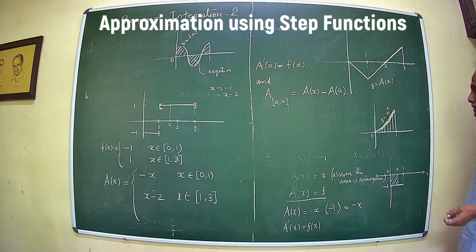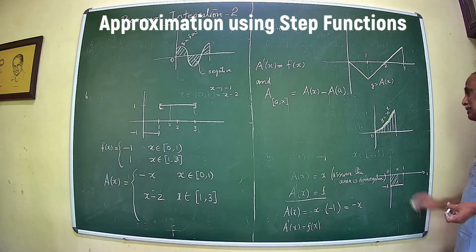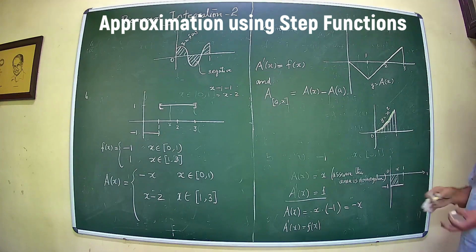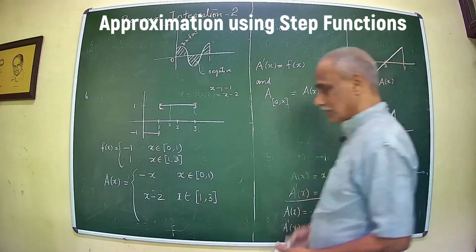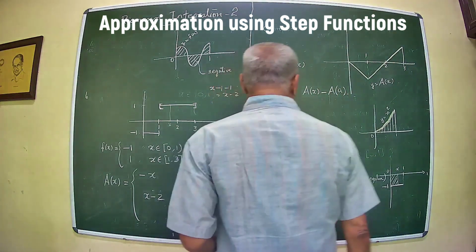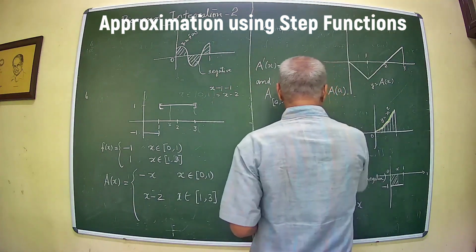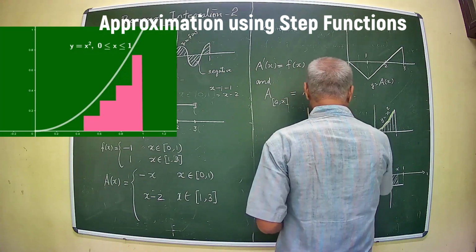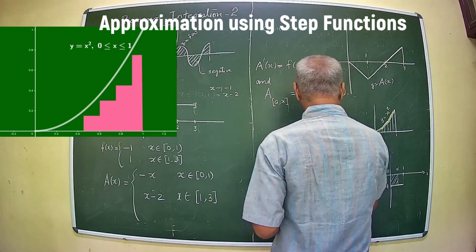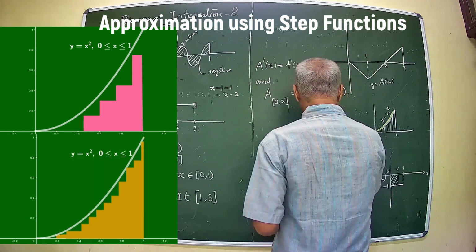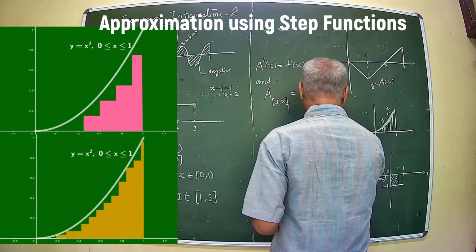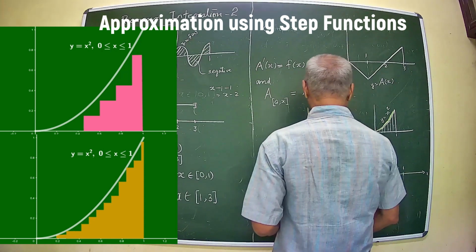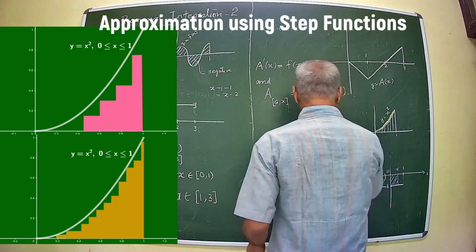So we have to approximate this possibly by step functions. A hint to this is this. Again, take the same function. What I do is I give an approximation. This is the first step. This one I take as an interval, and this part I approximate.